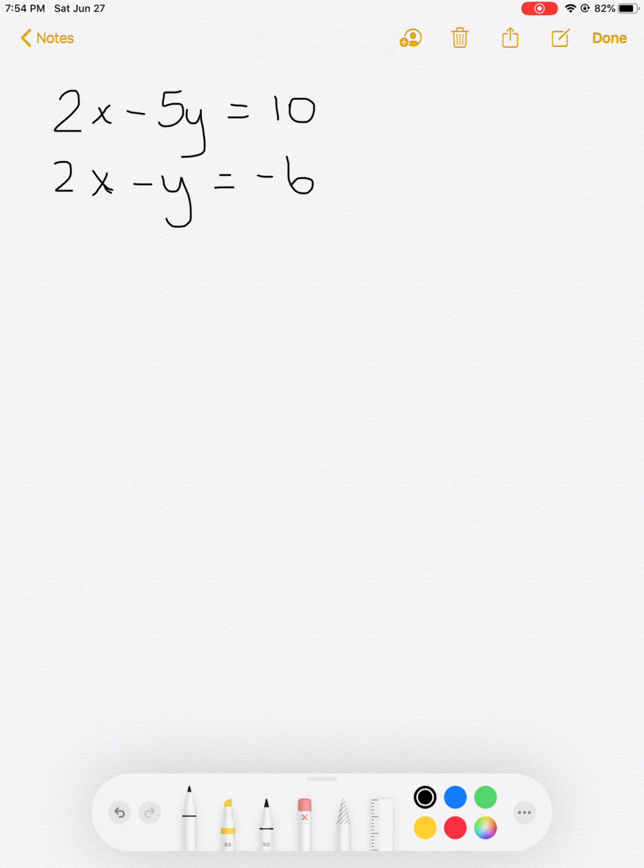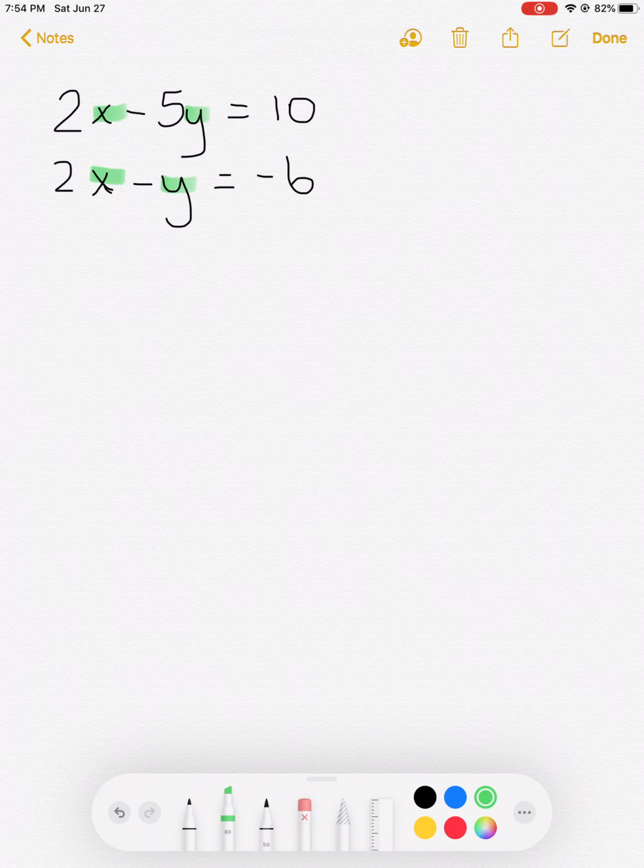So step 1 says isolate one of the variables in one of the equations. What that means is a variable's a letter, right? So I can isolate this one, this one, this one, or this one. It doesn't matter which one, just so you're aware.